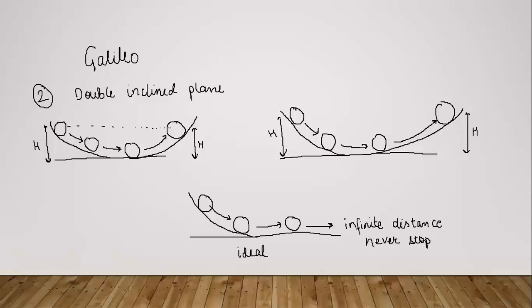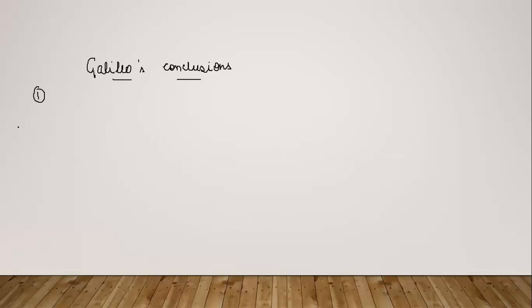This is the same case related to this third case. This is the ideal condition. Practically, this ball will come to rest after moving a finite distance because of the frictional forces.